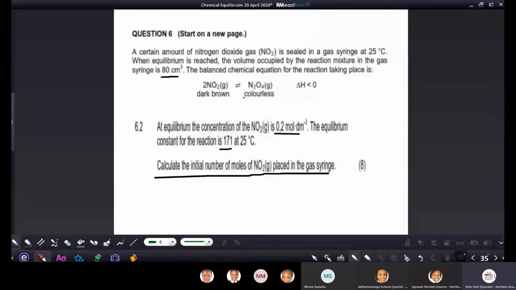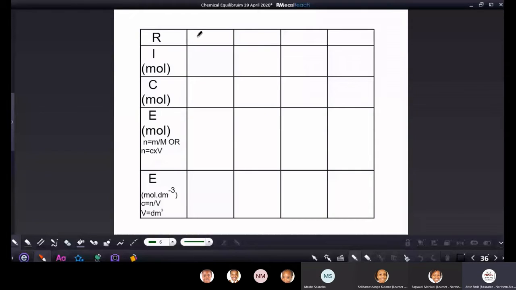All right, so let's now go to our table. So we have 2NO2, and we are forming N2O4.